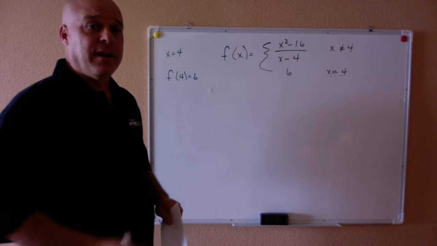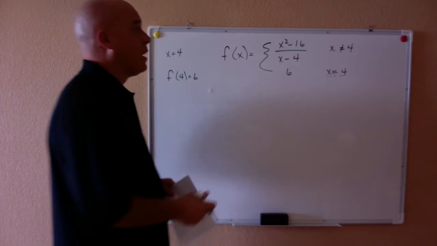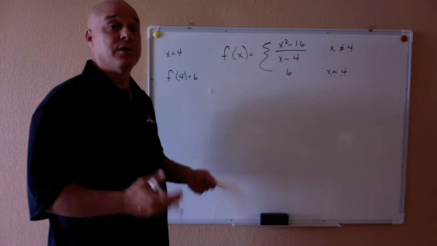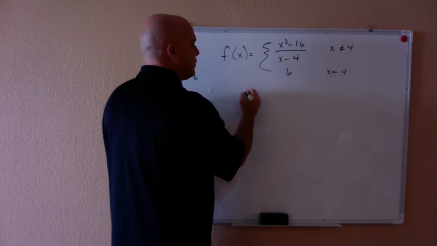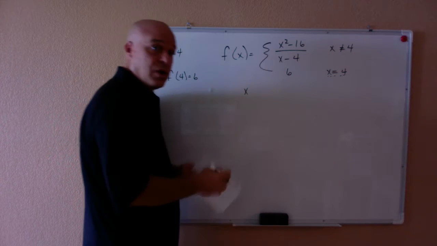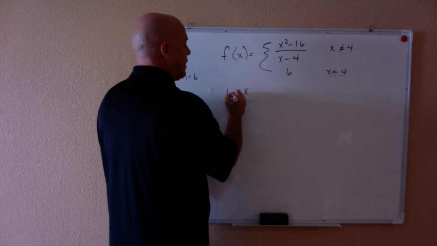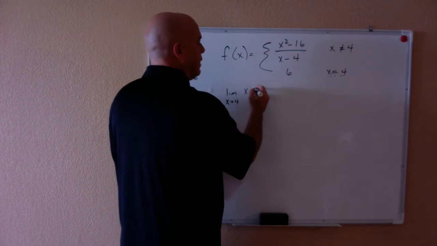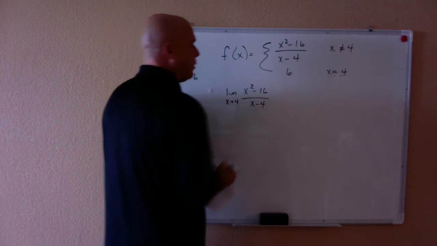Now, the second thing that I need to look at is I need to determine if the limit from the left and the limit from the right are equal to each other. I'm going to look at this and say, does the two-sided limit exist? So I'm going to take this top function here, because this is the function to use around 4, which is what I want to do for a limit. I'm going to see if I can find the limit as x approaches 4 of x squared minus 16 divided by x minus 4.